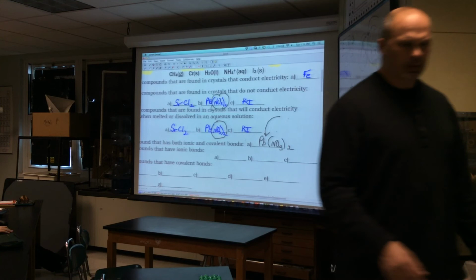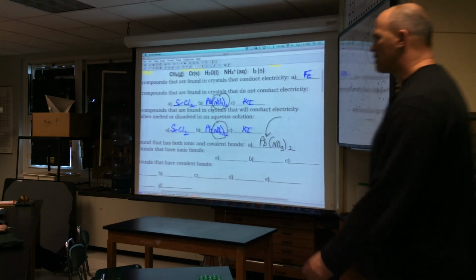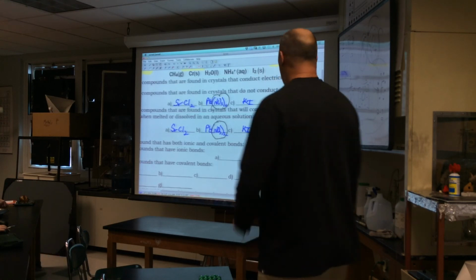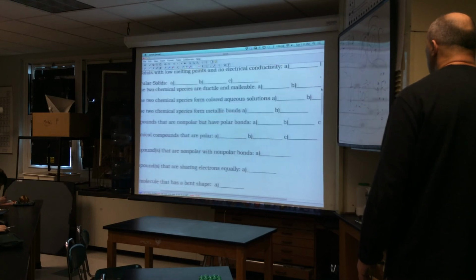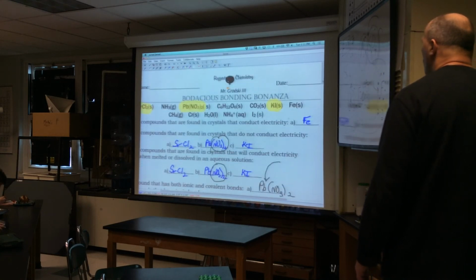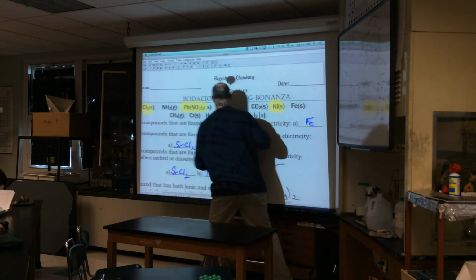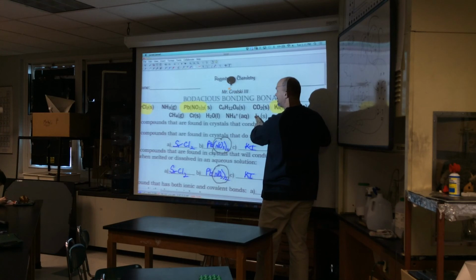How much time do I have today? 2 minutes? 1 minute. Okay. If you have not already done so, I want you to continue and finish this side. Understand this, party people. We figured out who our ionic ones are. We figured out who our metallic ones are. Who are our covalent?